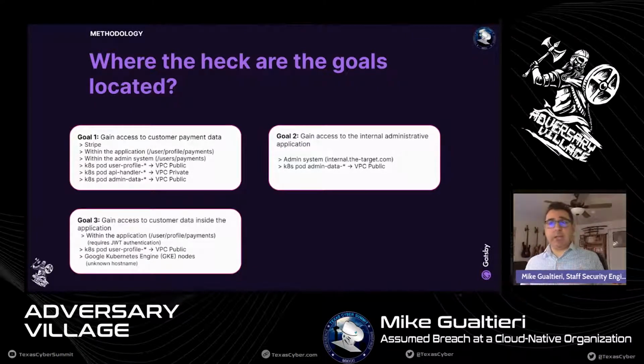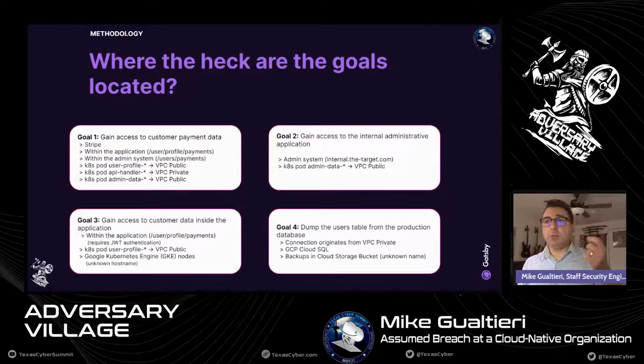This data is stored within the application, user profile payments, but that requires JWT authentication. It also travels through the Kubernetes pod, user profile star, in the public VPC. And it's also available in the Google Kubernetes Engine, the GKE nodes, at some type of unknown host name. We aren't sure; we weren't given that information.